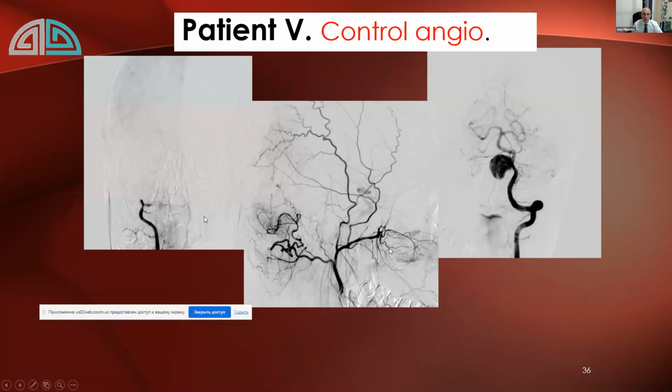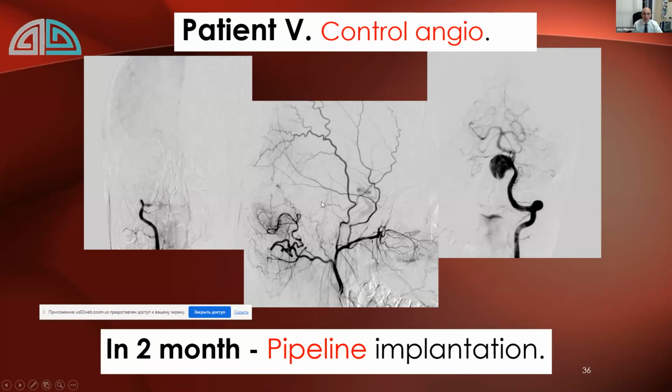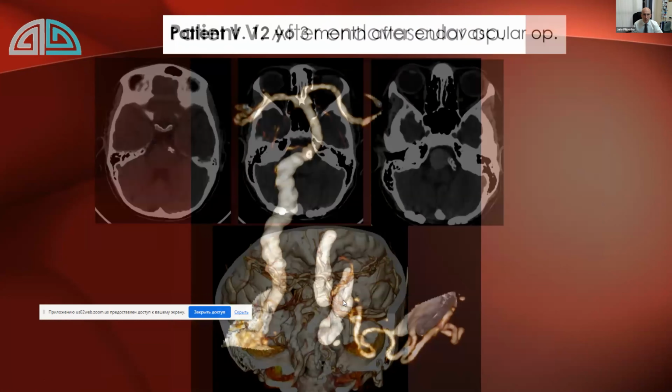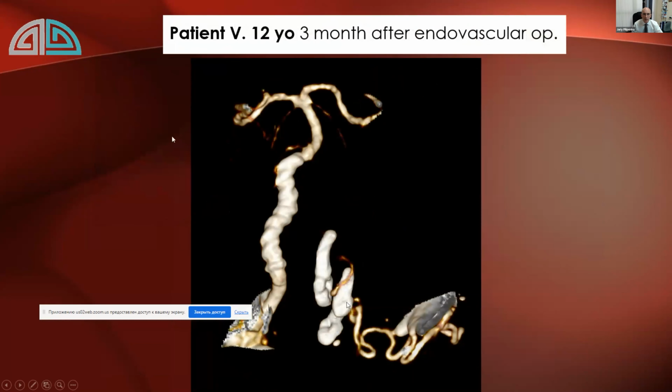We revealed a good filling bypass, and also we revealed the upper chamber. It was planned, and in 2 months we performed the second endovascular operation, pipeline implantation, like this, and this is the result in 3 months: total recovery with good clinical outcome.